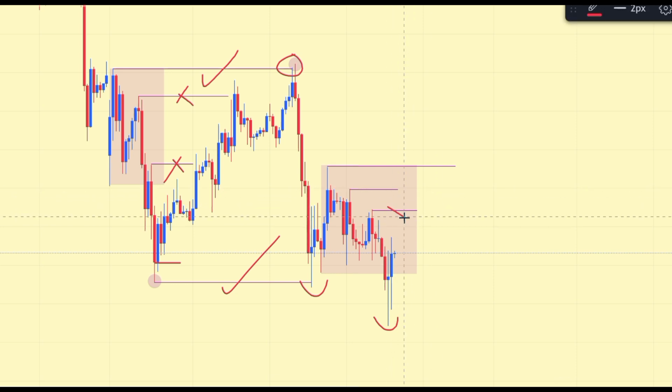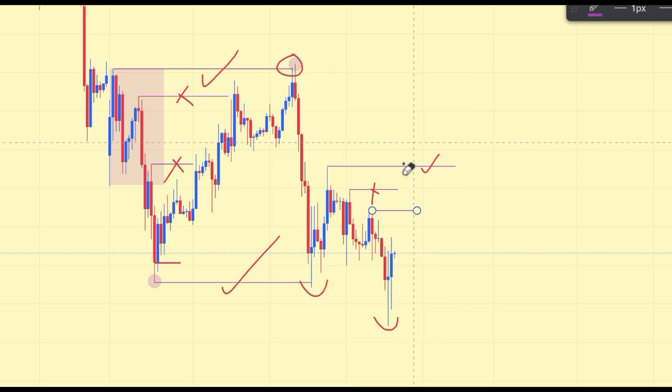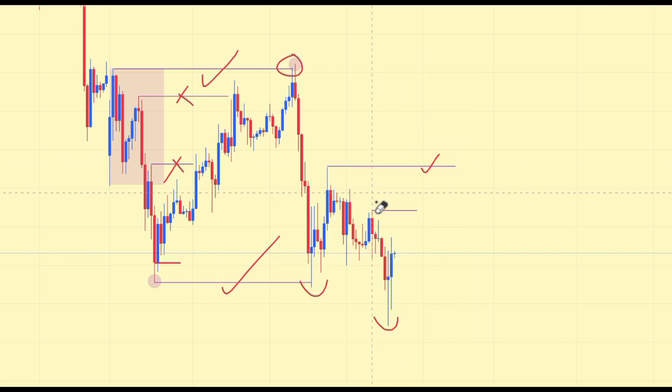So this one here is not the inducement, this one here as well not the inducement, and so this one here is the inducement. All right, so let me get rid of all these so that we can have a cleaner chart. So that's the inducement.